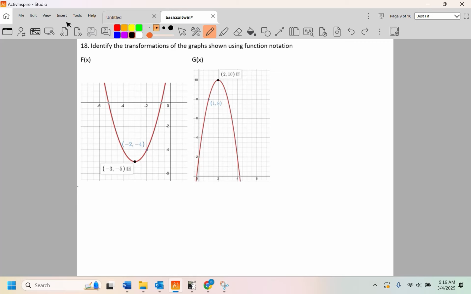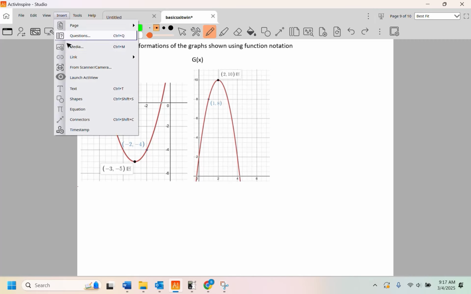Identify the transformations of the graph shown using the function notation. These are kind of hard. I don't disagree with that. Maybe it's something I should literally push down kids' throats every single day, or at least every week in Algebra 2. Probably should. All right, so looking at this one, I know that it has been reflected. It has flipped. So let's write down the words of what I know.